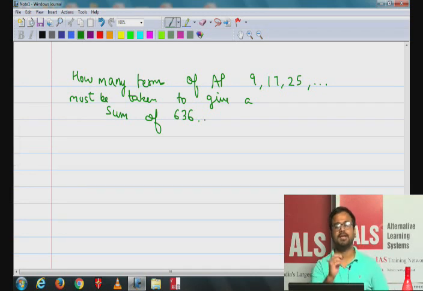The AP is 9, 17 and 25. So how many terms should we take so that the sum is going to be 636? A very good one based on the concept of sum.